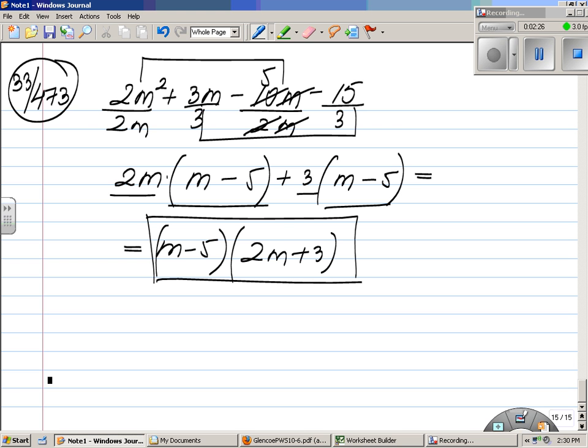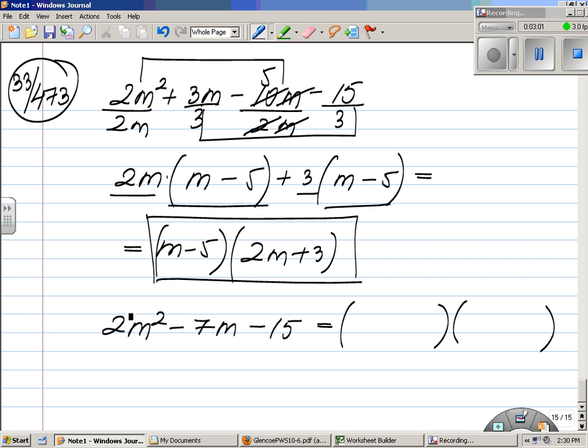The other way to factor it, if you can remember how to factor by grouping, is you combine the like terms here. So your polynomial that has 4 terms becomes a trinomial 2m squared minus 7m minus 15, and then you will try to find the factors of this trinomial by going backwards, right?